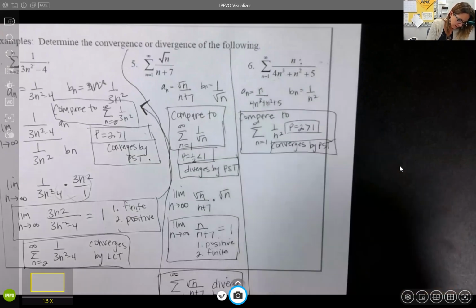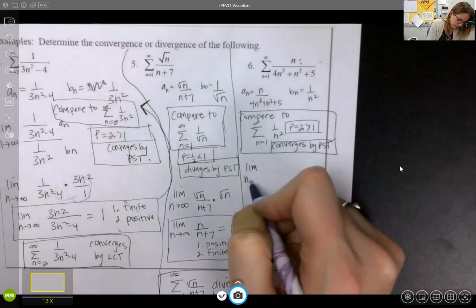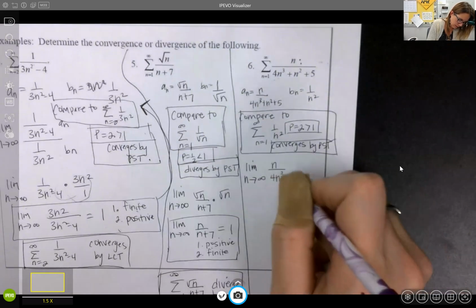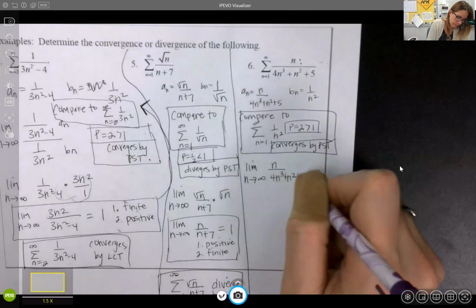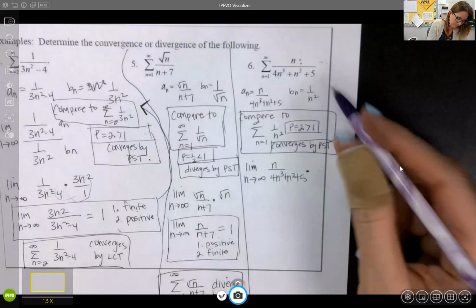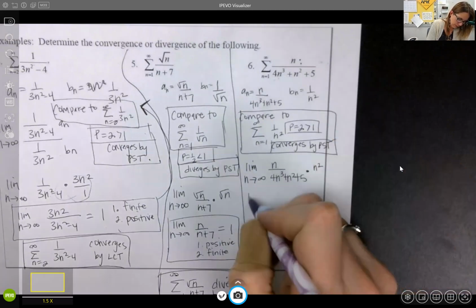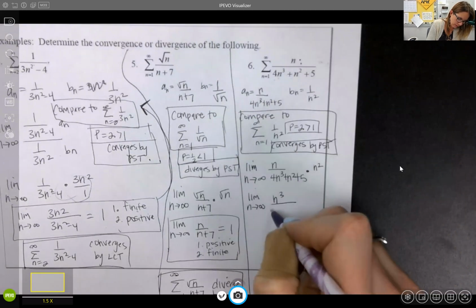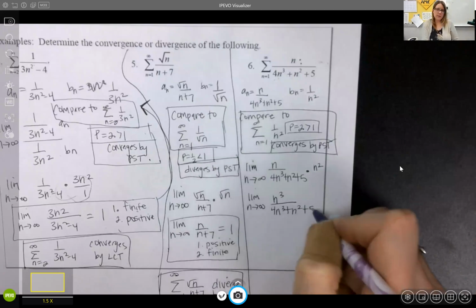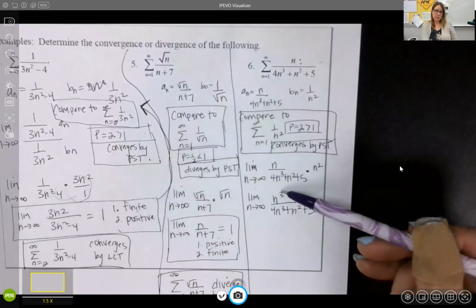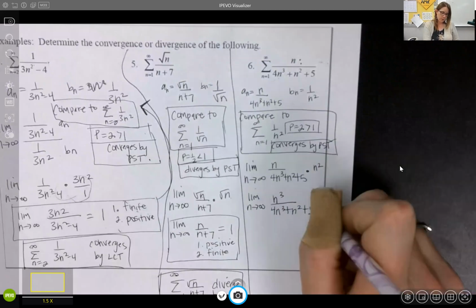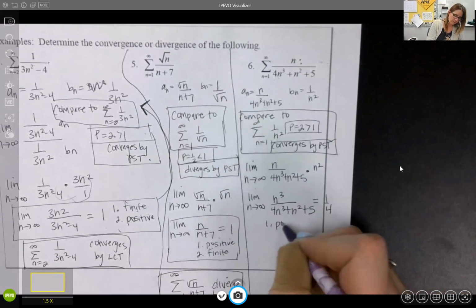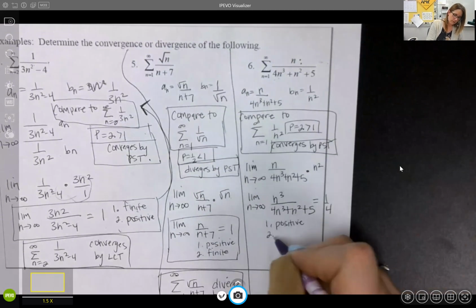So let's do our limit as n approaches infinity of our function multiplied by the reciprocal of b. And we're always going to get the same powers because that's how we set it up to work. So when I take the limit of the n cubed divided by the 4n cubed, we get 1/4. 1/4 is a positive number, and it is a number.